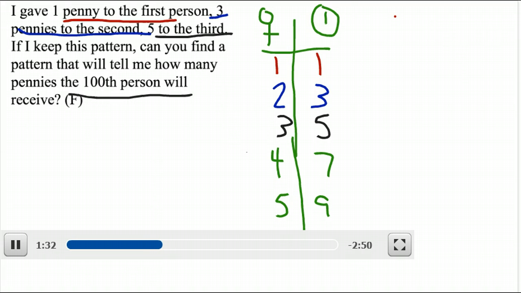So we could sit here and write it out, 5, 6, 7, 8, but we'd be here all day going to 100. So what we do in math is we try to figure out some formula that'll give us this answer. If we look at this side on the left, we see that it's going up by 1 every time.